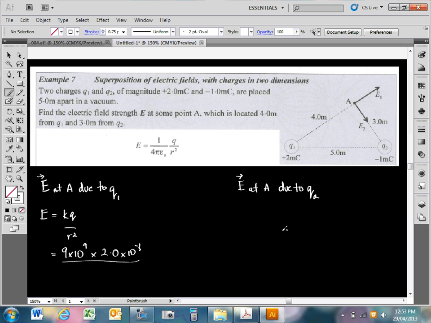So milli, of course, is to the power of minus 3. Can somebody confirm that number for me, please?